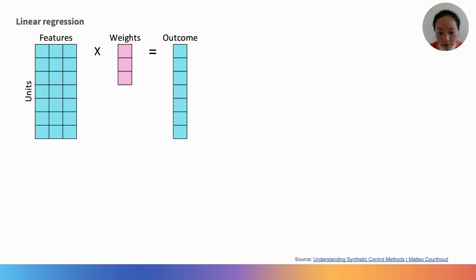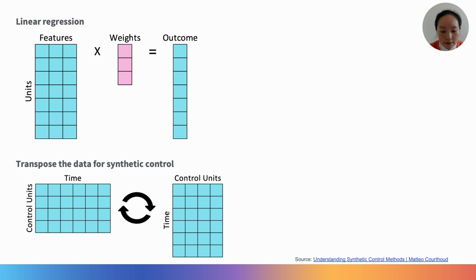So this equation will help us to understand the association between the outcome and independent variables. But in making causal inferences, usually we need to use longitudinal data. That means we need observations at multiple time points. If you see the second figure, that means we have multiple, for example, control units.